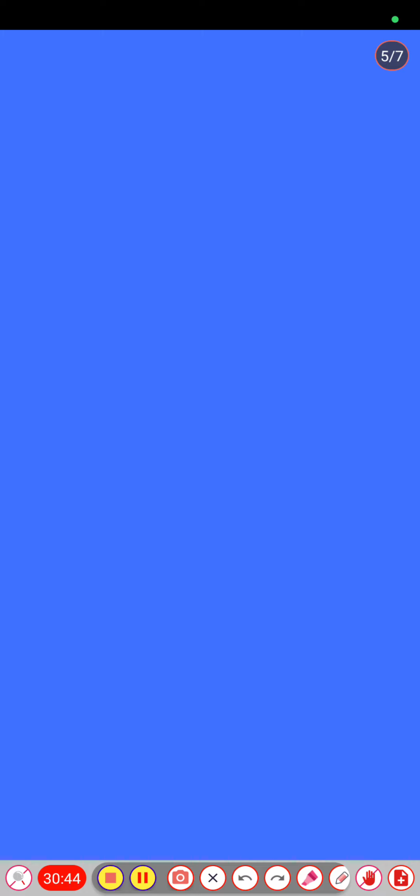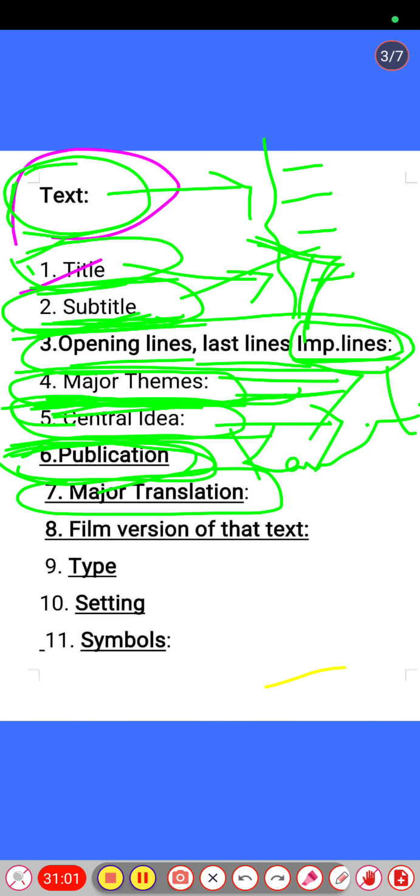The Court Is in Session, which was originally a Marathi play, Shantata! Court Chalu Aahe. Okay, so this kind of questions were there.